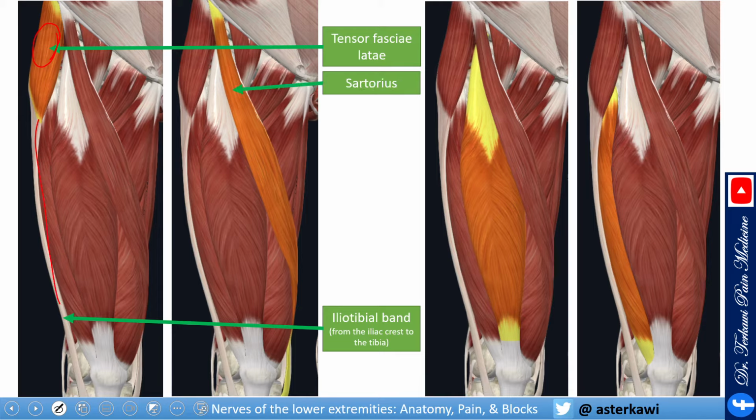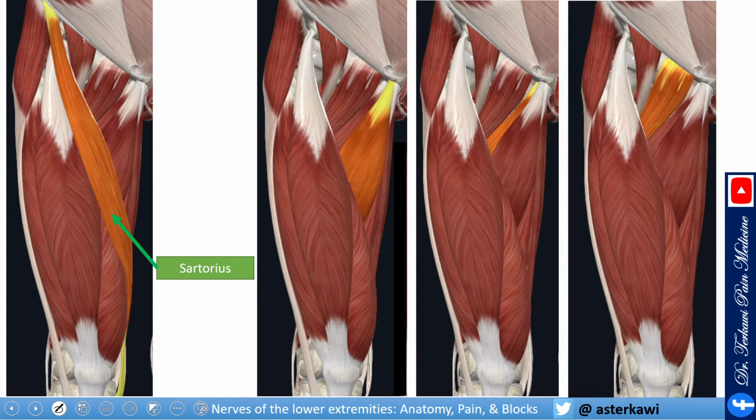Then here you have the sartorius, an extremely important muscle when we talk about different nerve blocks. And then here you have the rectus femoris, and here you have the vastus lateralis. So that's the sartorius. If I remove the sartorius, as you see in the remaining pictures, underneath that, from medial to lateral, we start with the adductor magnus.